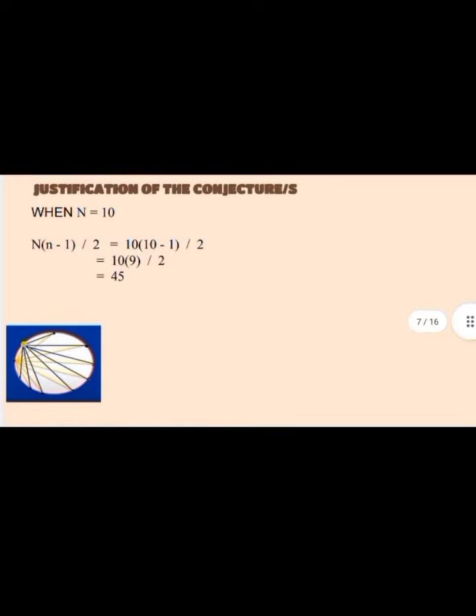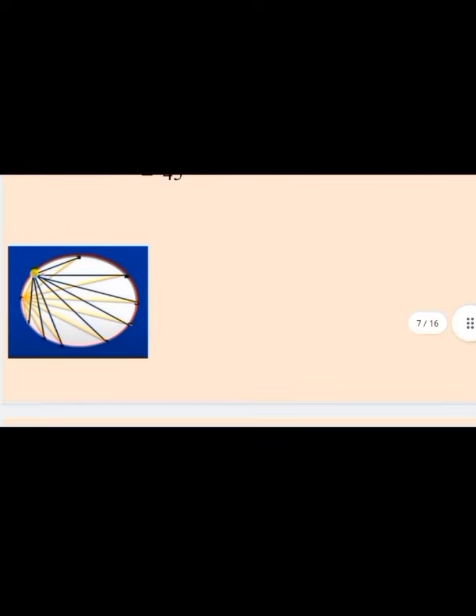In the first illustration, we have here 10 points already. In the first point, we are going to make chords in the yellow-orange color.